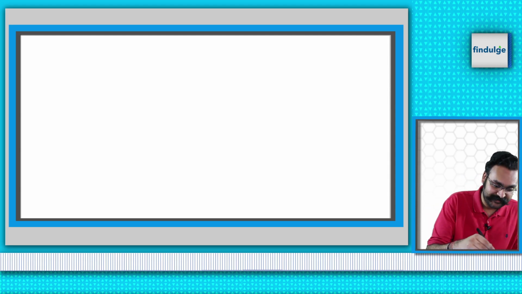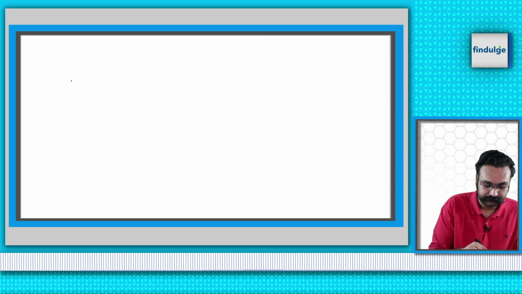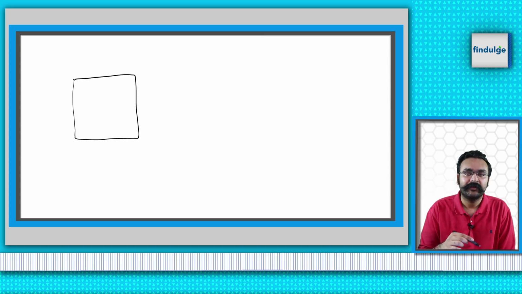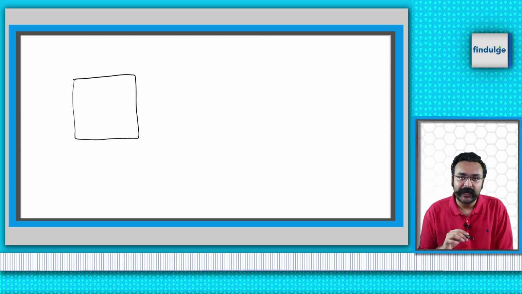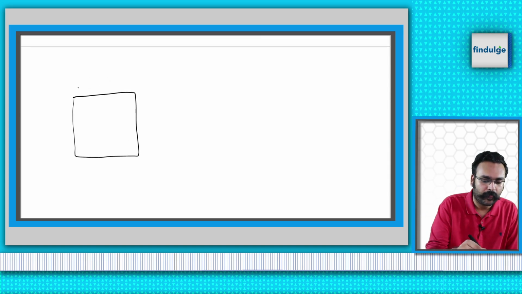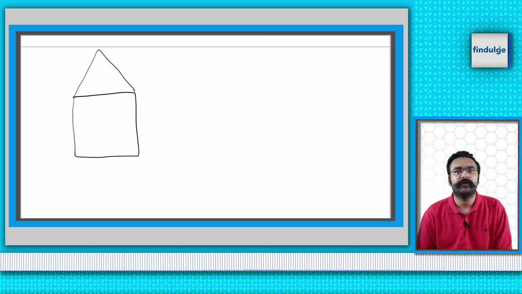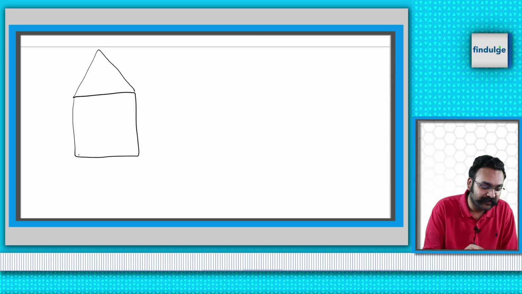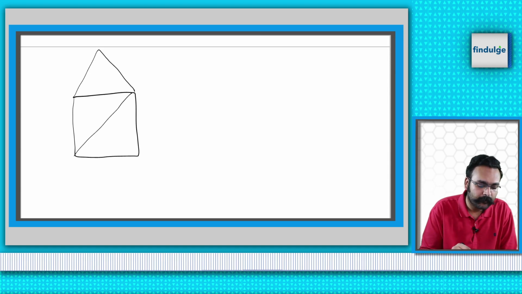So if I talk about a square, if they say an equilateral triangle described on the side of a square, they mean it's an equilateral triangle with the side of the square being one of its sides, meaning it is like this. This will be one of your equilateral triangles. And the equilateral triangle described on the diagonal will be like this.